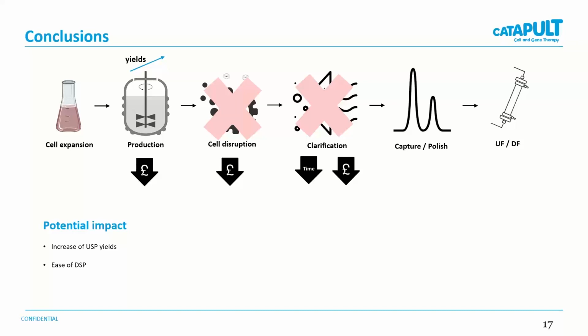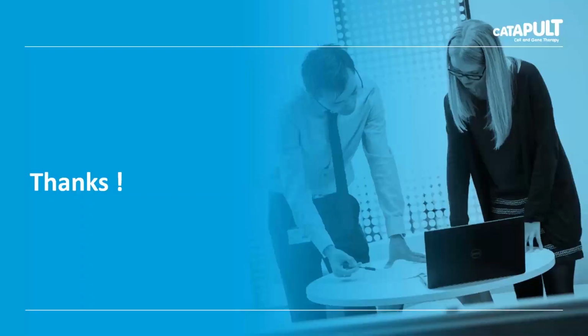Of course, doing some cost of goods modeling would be the best, but thinking about the solution, we only use sodium chloride in order to control the osmolality, which is cheap and an easy solution to implement. It's only a feeding, and it's also scalable if you want to scale it to manufacturing. So thank you for listening, and if you have any questions.